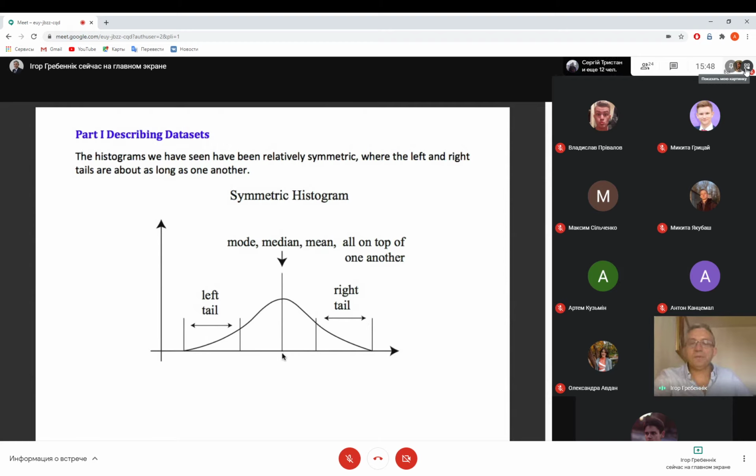And one more feature of symmetric histograms: mode, median, and mean are situated at the same point. This is an important property of symmetric histograms.